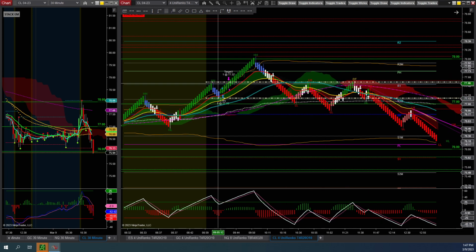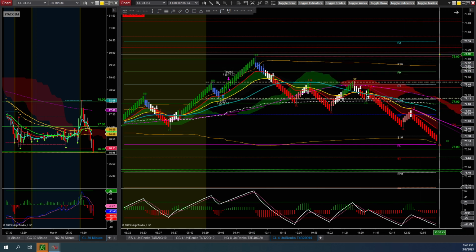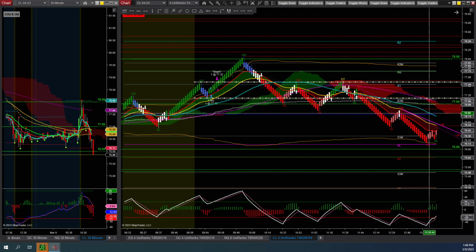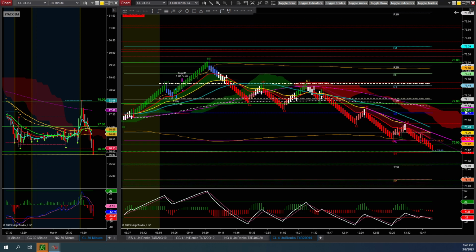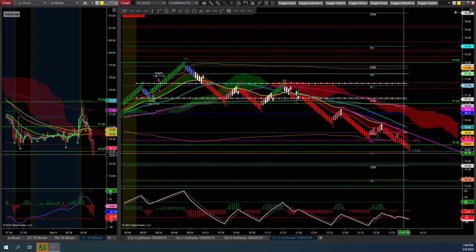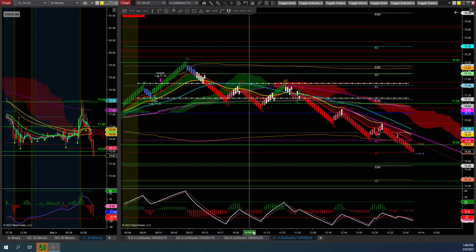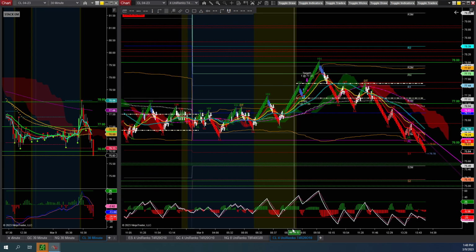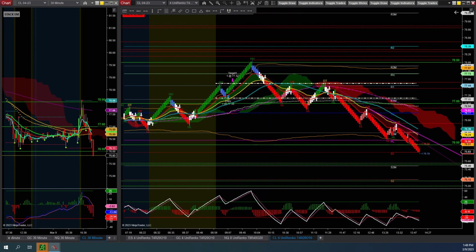Now the market did go up all the way to the $78 level right here, and then came back and had a reaction at $77, and then moved up, down, up, and then finally broke the $77 and came back down. Now it's breaking the $76. So crude is having a negative reaction prior to the news tomorrow.